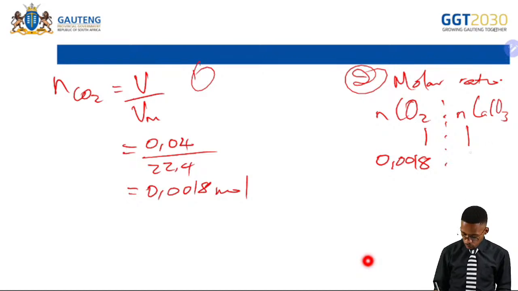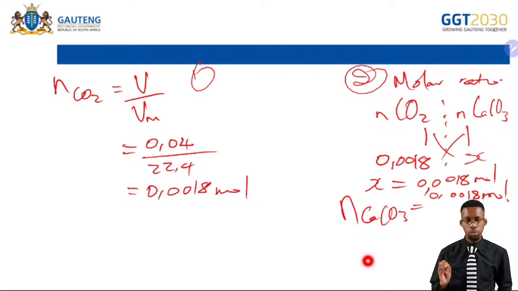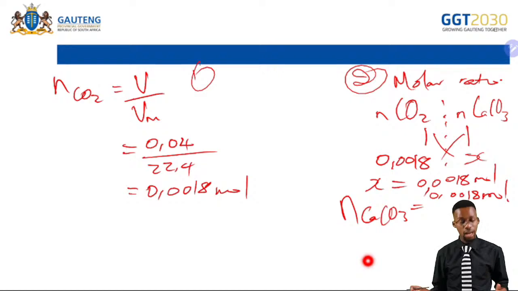And the number of moles of calcium carbonate, we don't know, so we make that x. We cross multiply. So 1 times x is x, meaning that the number of moles of calcium carbonate is 0.0018 mole. So this is what we have.